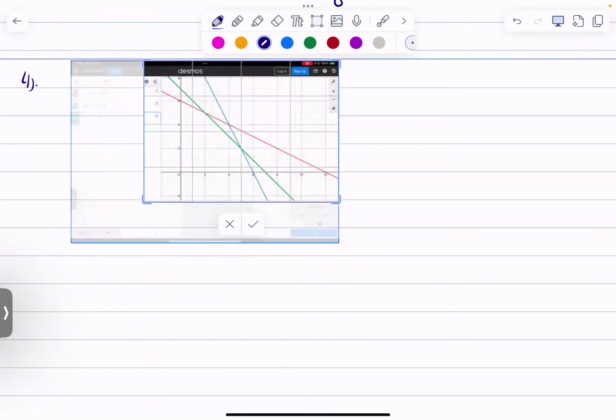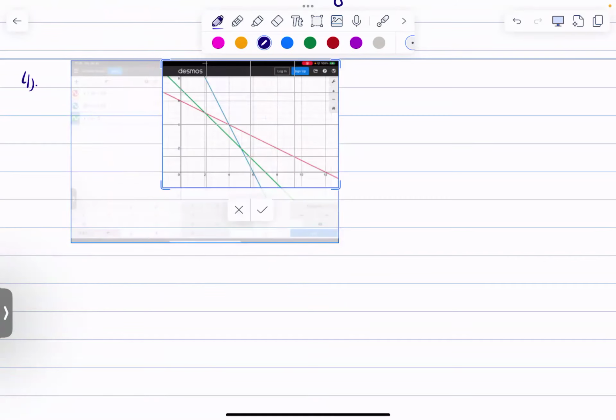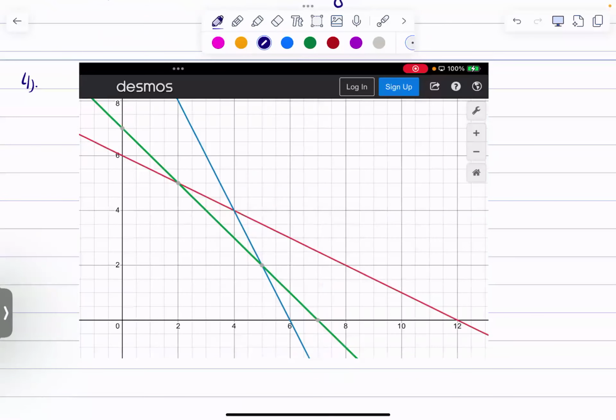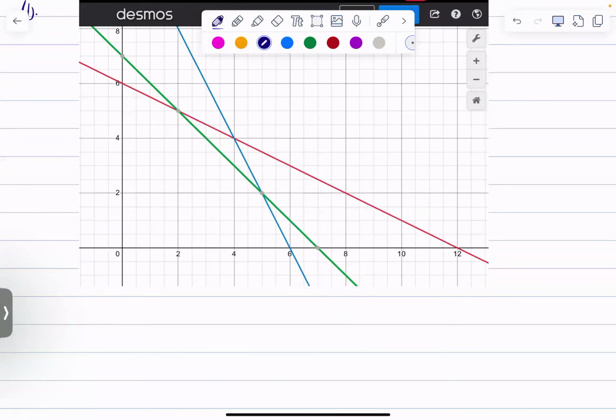I'll call this line 1, line 2, and line 3. Without knowing the equations, you then need to map these lines back to your constraints.